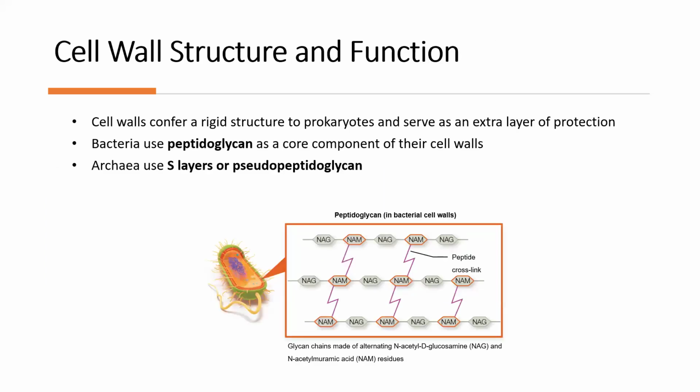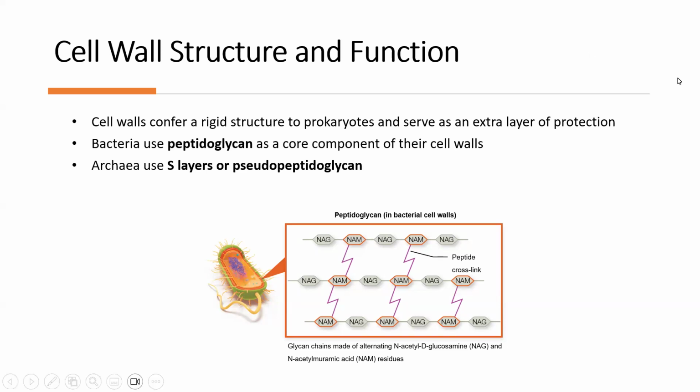And so when we're thinking about the structure and function of cell walls, the main thing they're going to do is provide a rigid structure and an extra layer of protection. Now, cell walls are made out of a carbohydrate, polysaccharide. Basically, it's a mixture between carbohydrates and proteins or amino acids, and it's called peptidoglycan.